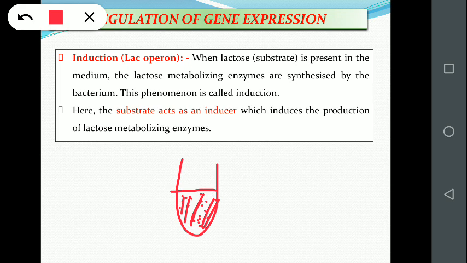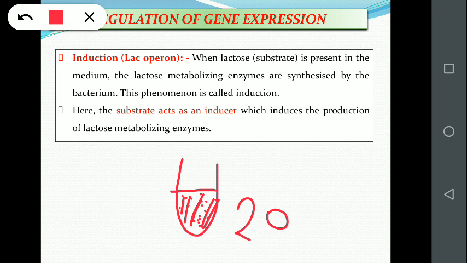For every 20 minutes, the number of cells inside this tube becomes double, because the life cycle of an E. coli cell is around 20 minutes.